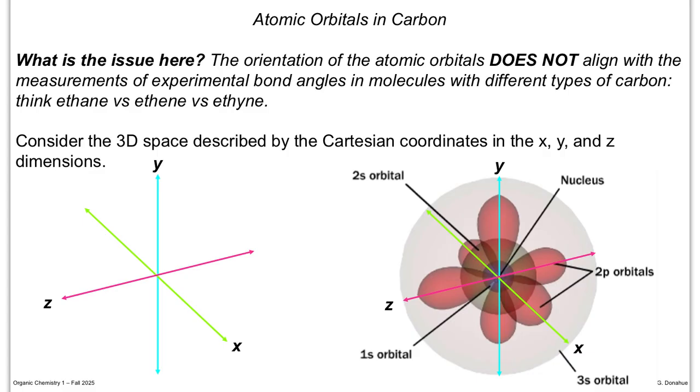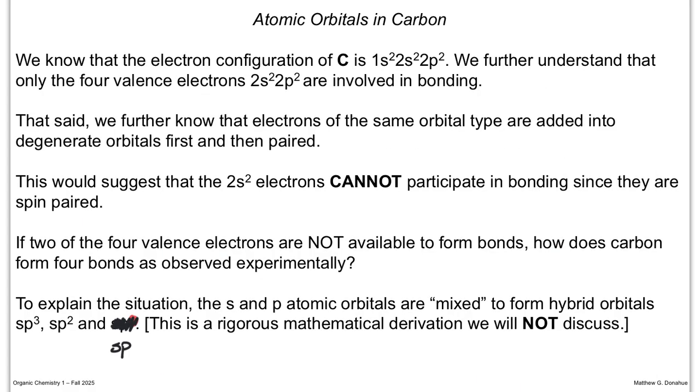So here's our three-dimensional Cartesian coordinate x, y, and z. And I've just overlaid that on here. And we're going to think about how we can do something to those atomic orbitals that will better describe molecular orbitals.